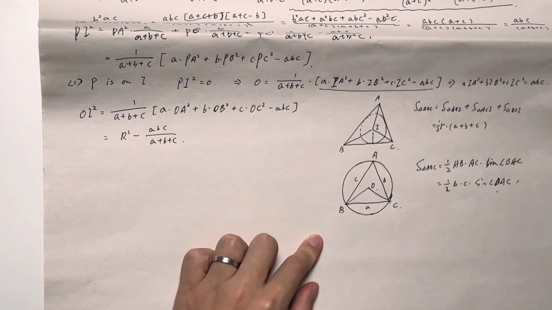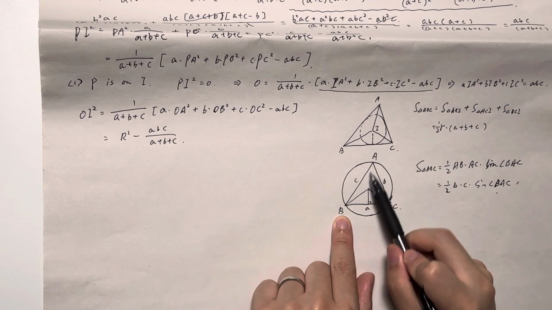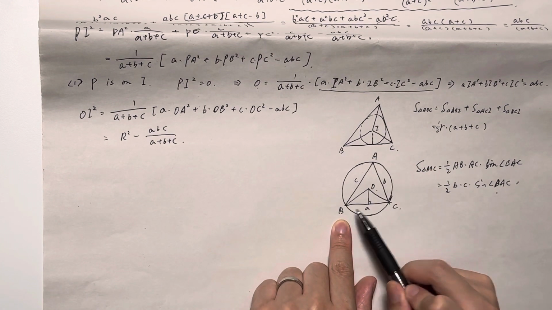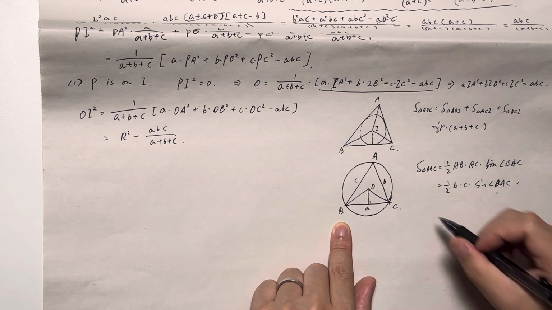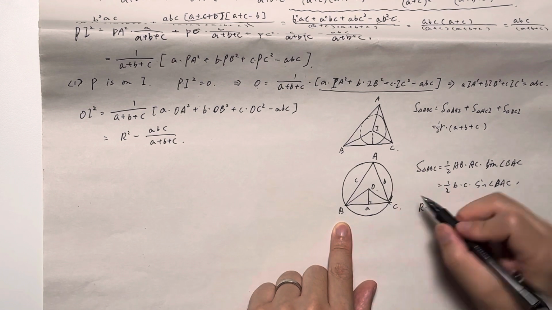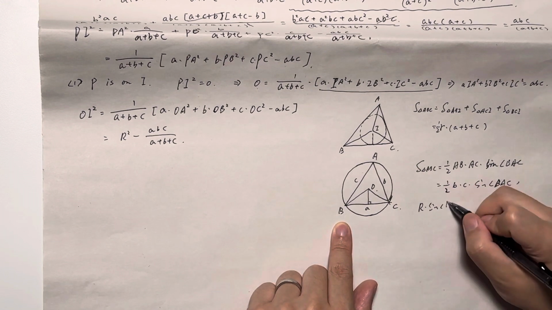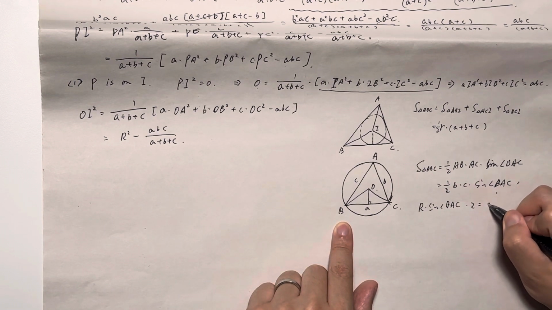This is O. We know that angle BAC equals half of angle BOC, which means R times sine angle BAC times 2 equals a, right?